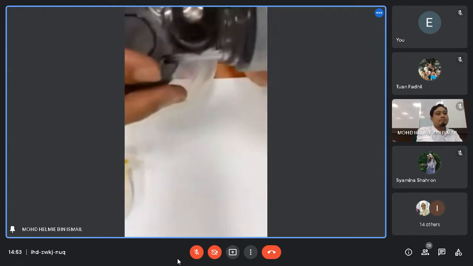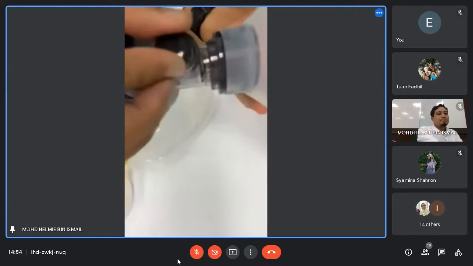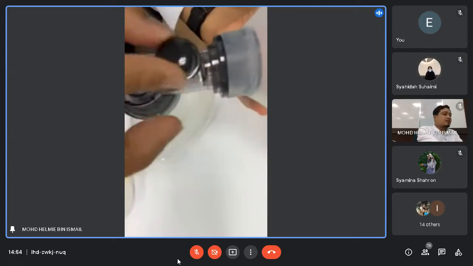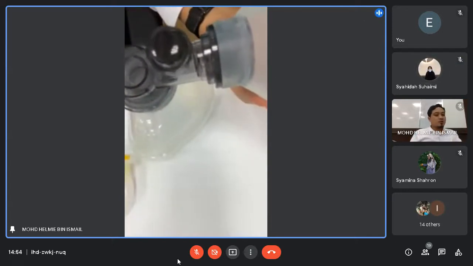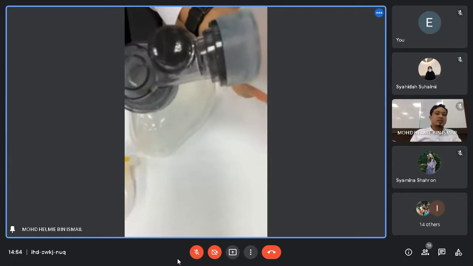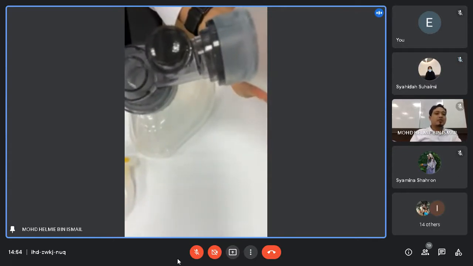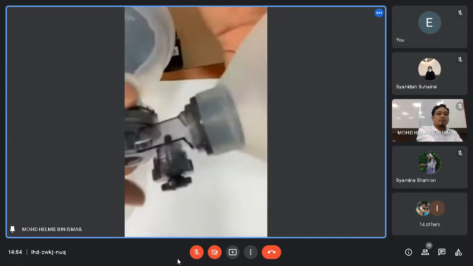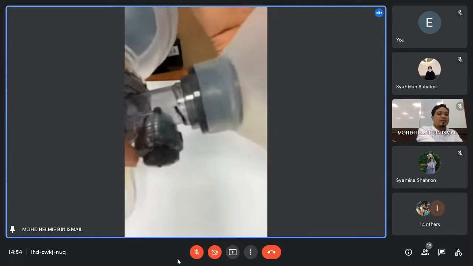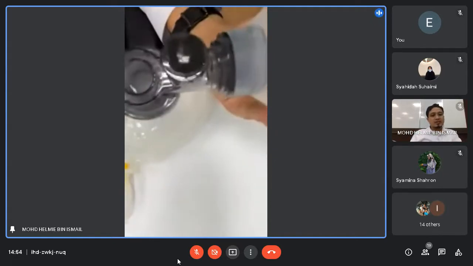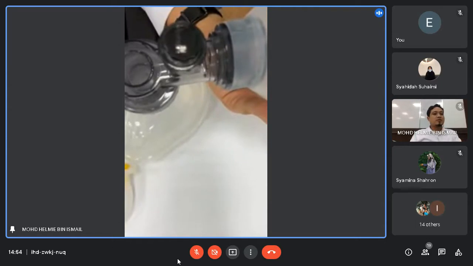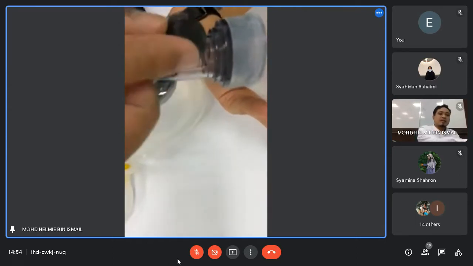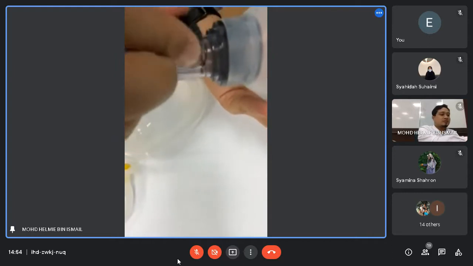Apa maksud PEEP? Positive end expiratory pressure, right? Alright. When you give more tidal volume, dia akan tend to increase PEEP lah, because more air accumulate inside the lung. This one, pop off valve ni, basically dia equalize the pressure. So in order to prevent barotrauma, volume trauma, dia akan equalize the pressure.